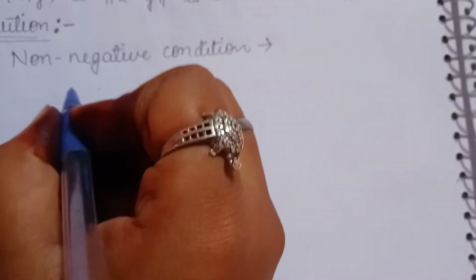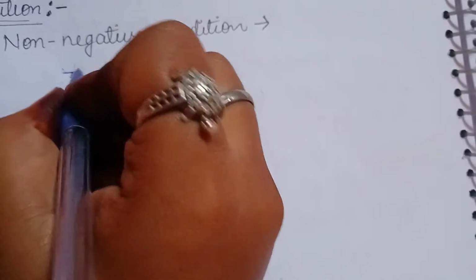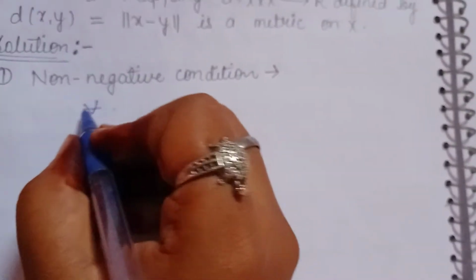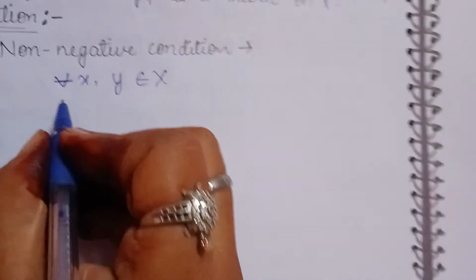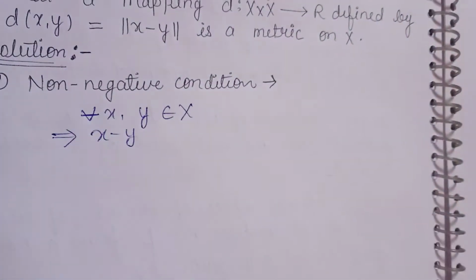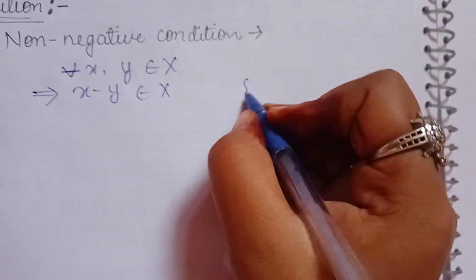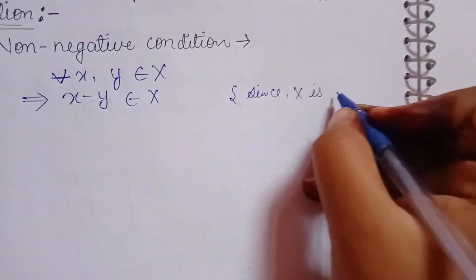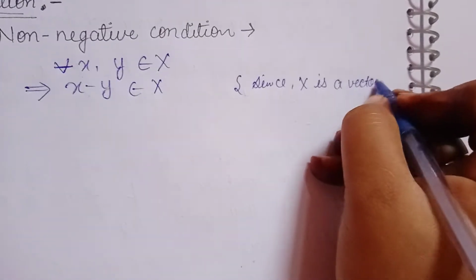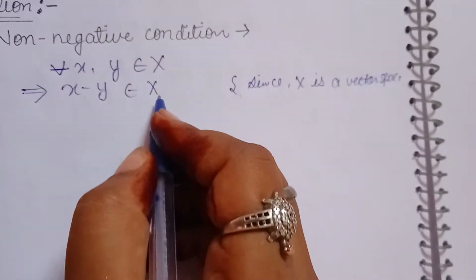For the non-negative condition, we take two elements, for all x, y that are elements of a linear space X. This implies that x minus y is an element of X, because X is a vector space, so the difference of two elements is also in the vector space.